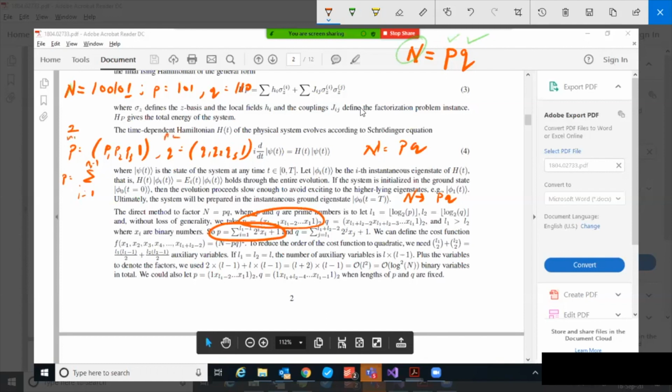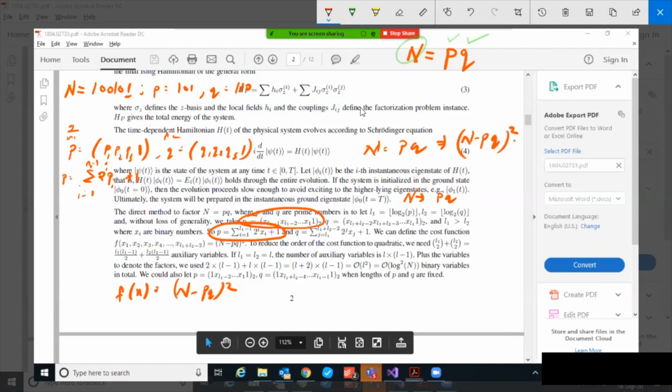So you can write 2 to the power i times p_i, plus 1, because the last bit is 1. Since N equals p times q, we convert it into a function of N minus pq squared. So our f of x equals (N minus pq) whole squared.